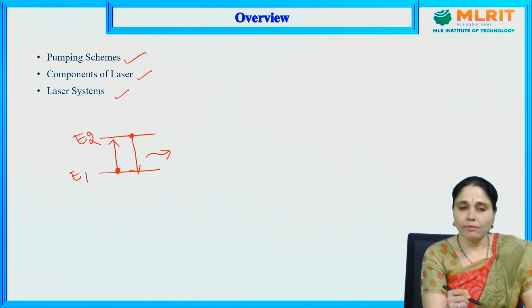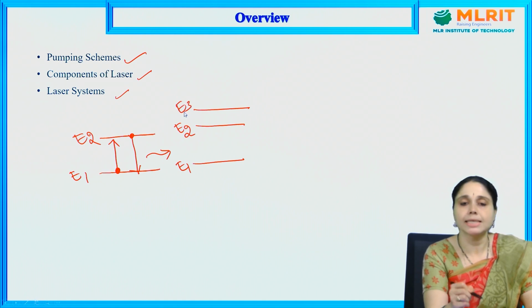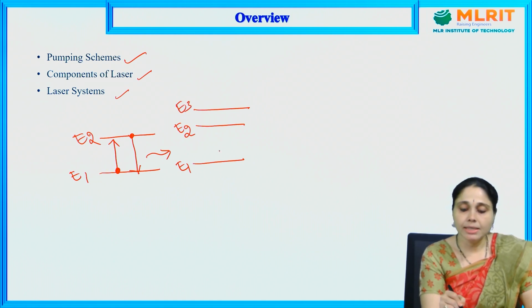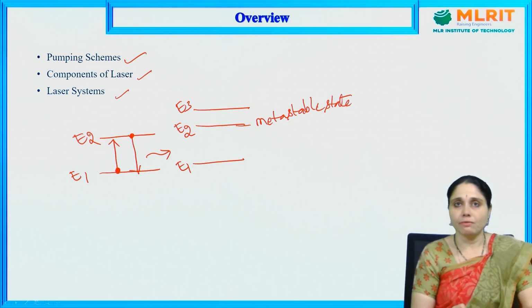Also we have learned about three levels, where E1 is the ground state, E2 is the higher energy state, and E3 is the excited state. In these three levels, this one is called the metastable state, where the population inversion is achieved.